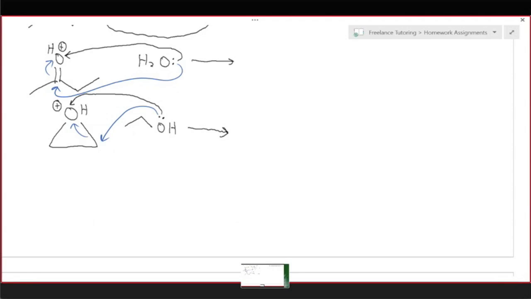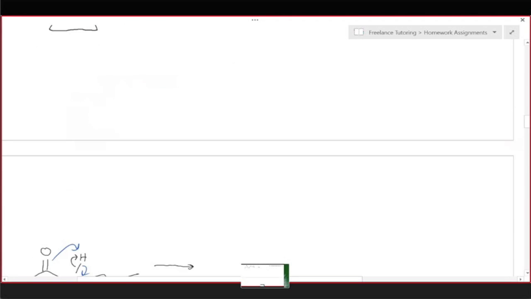Looks like the same issue there. The oxygen already had a complete octet. Yes, you're correct. That's the correct analysis. Very good. Okay, so let's move on.